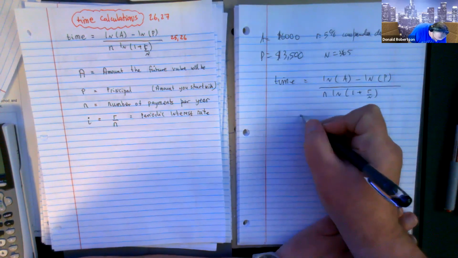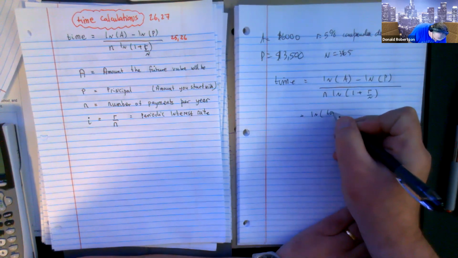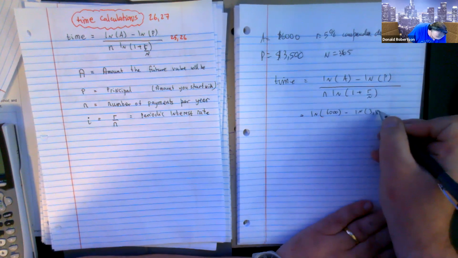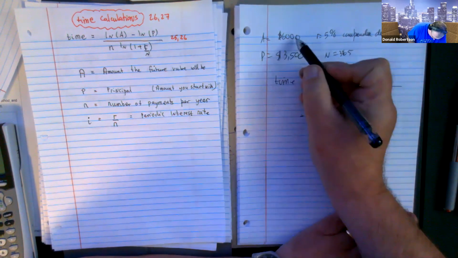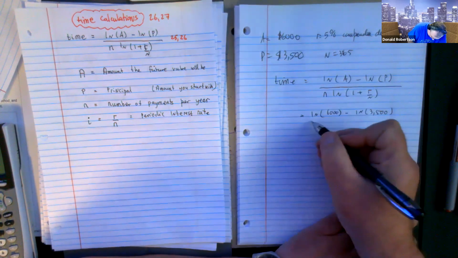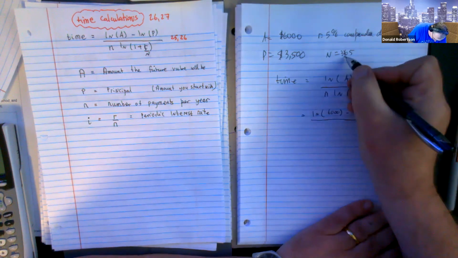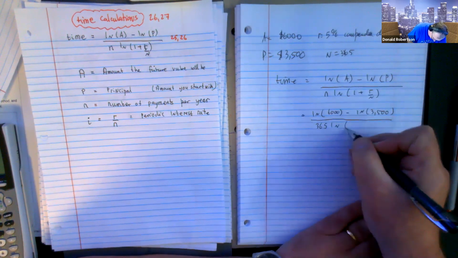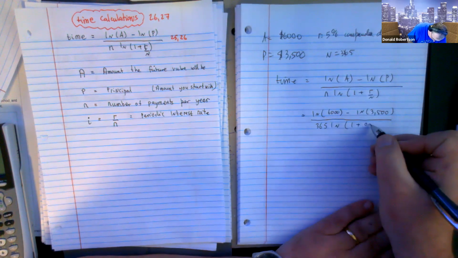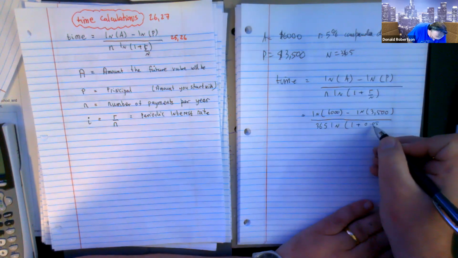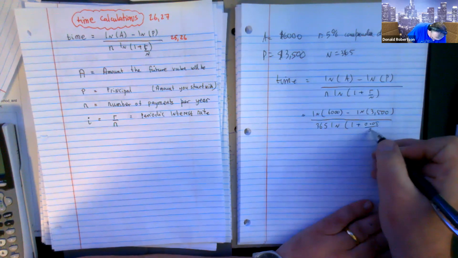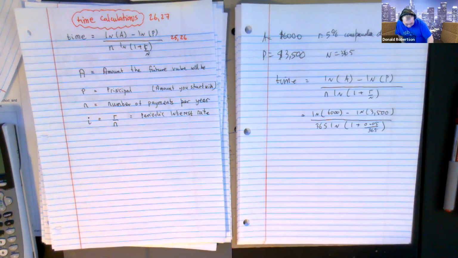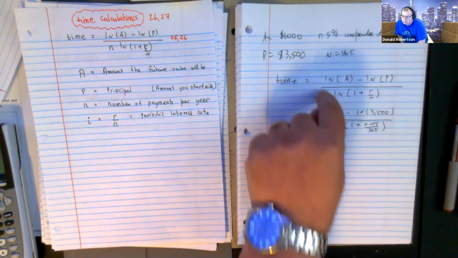So it's the natural log of 6,000, take away the natural log of 3,500, divided by N, so 365, times the natural log of 1 plus the interest rate as a decimal, divided by N, which is 365. Are you comfortable with the formula and the numbers and where they go?